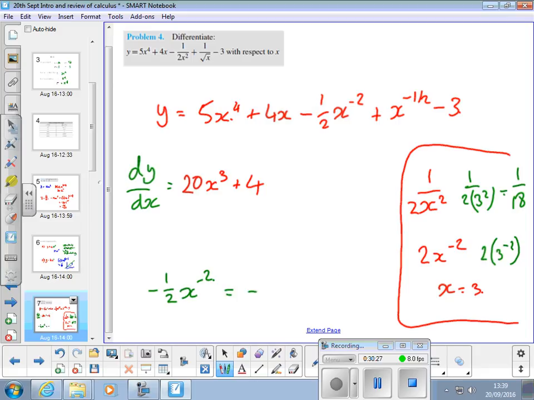We've got to do minus 2, bring the index down, times minus a half x to the minus 3. That'll be the new index. Minus 2 times minus a half is plus 1, isn't it? So that's what we need to put in there, plus x to the minus 3.